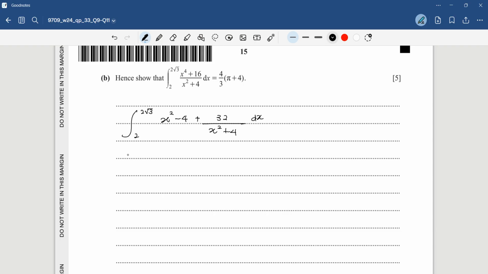So integral x squared is just a basic one, x cubed over 3 minus 4x plus, if you integrate this, if you still remember, integral 1 over x squared plus a squared dx will be 1 over a arctangent x over a. So you can rewrite this one as x squared plus 2 squared, where my a is equal to 2.